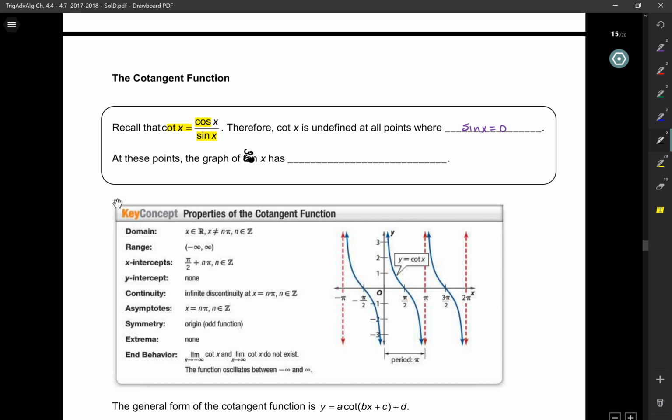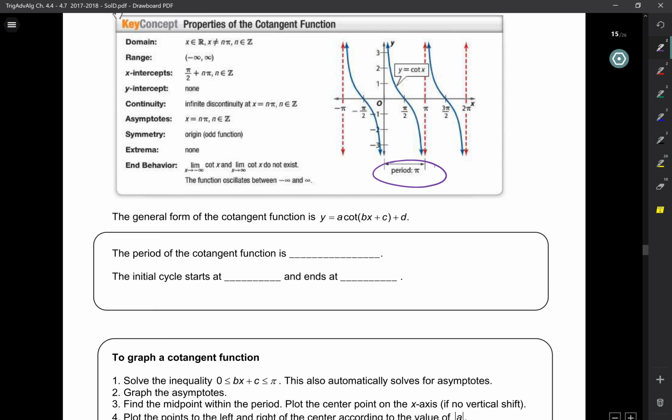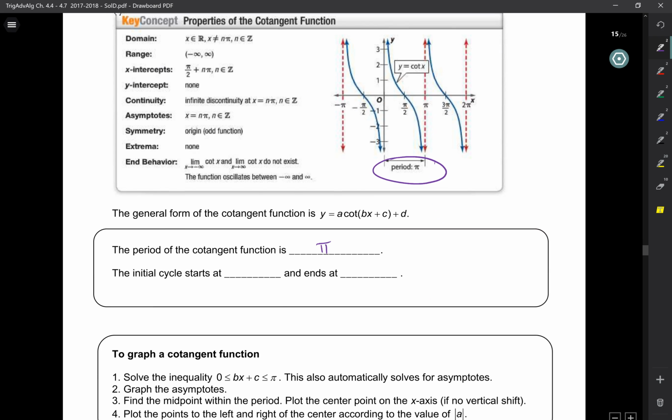At these points, cotangent of x has vertical asymptotes. Now, the period again is pi. Okay, so that's where tangent and cotangent are the same.